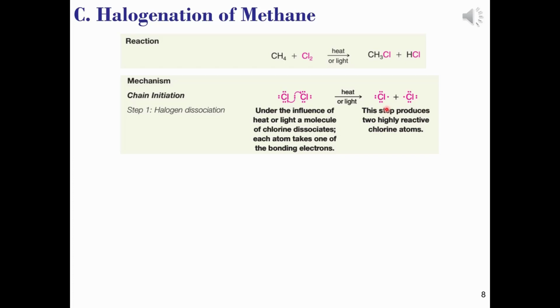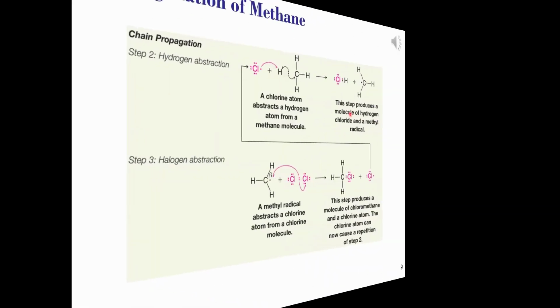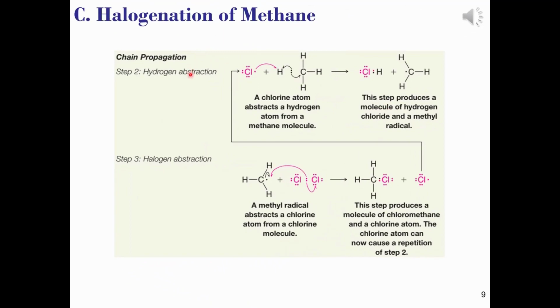Let's look at the next stage of the reaction. Radical substitution is a chain reaction, and this means that the product of one reaction is used to feed the next reaction, and that the second reaction provides a product which feeds the previous reaction. This stage collectively is known as propagation, and there are 2 key steps.